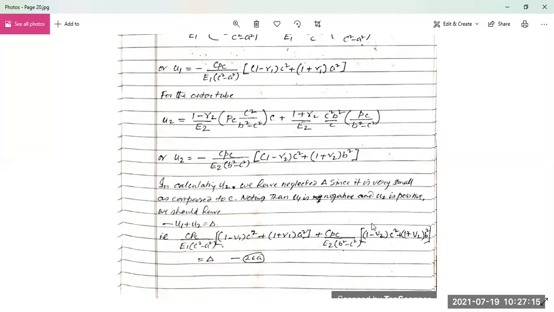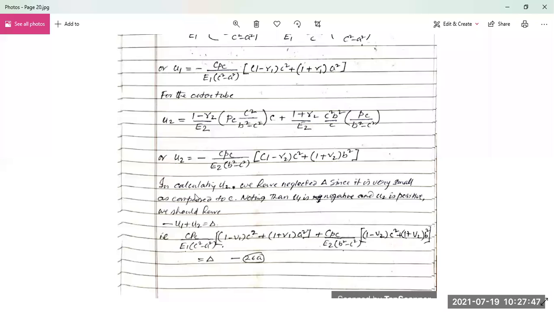I am confusing myself. So here what we are doing, in calculation we neglected this delta, which is very small compared to C. So now U1 minus U1 plus U2 is the delta.